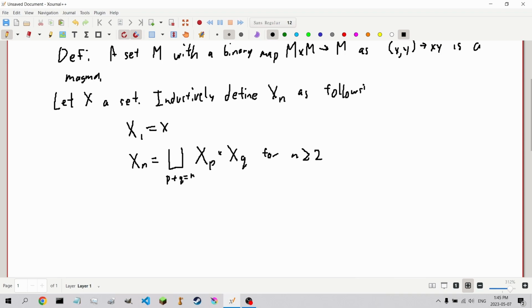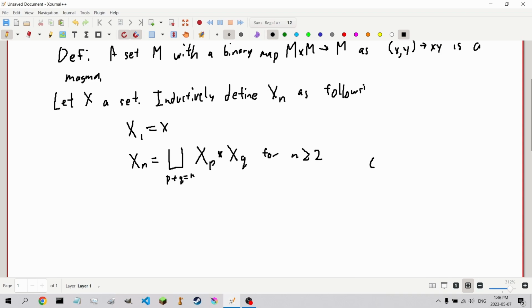So essentially, items of Xn are a list of n items from X, but we keep track of how we split it up.